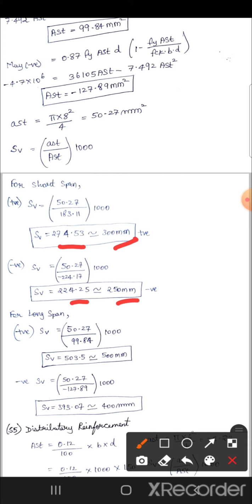Long span positive answer is 503.5, rounding it we get 500 mm. 393.07 is negative spacing of long span answer, rounding it we take 400 mm.